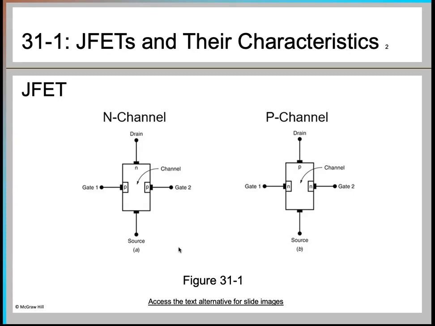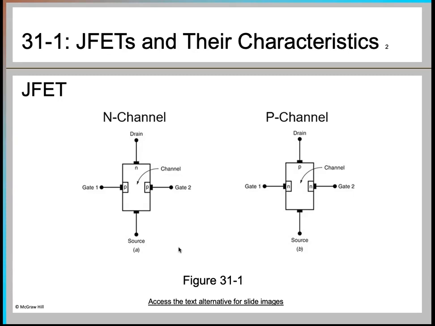So we're going to do a small comparison and see how they both are different from each other before discussing the construction. So BJT, that is your bipolar junction transistor, is a three-terminal device. And in a BJT, you have base, collector, and emitter.